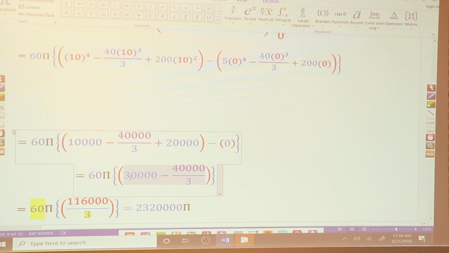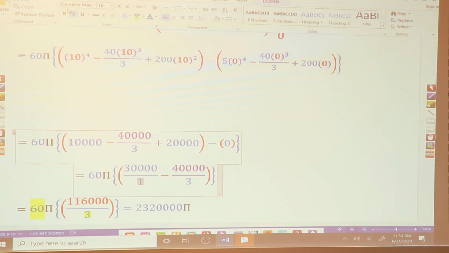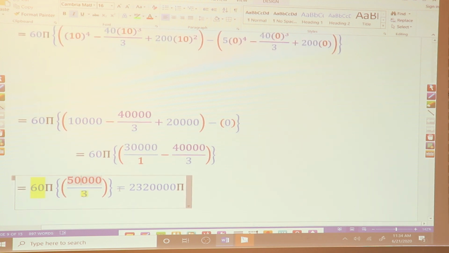Multiply this by 3. It's going to be 90,000 because you have to have the same denominator. This is 1, multiply by 3 over 3. This becomes 90,000, and the result is 50,000 over 3.